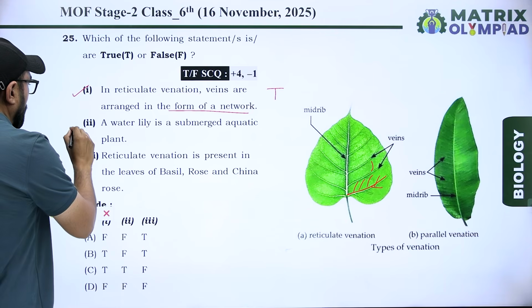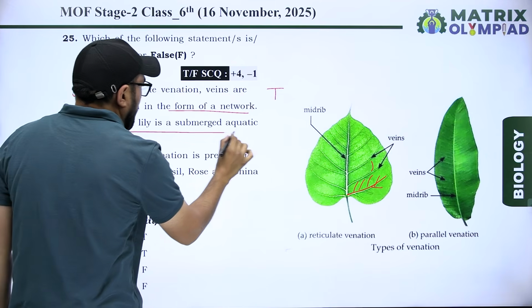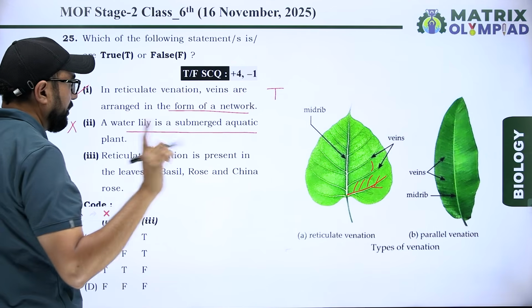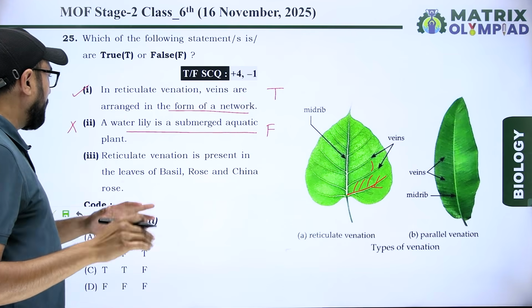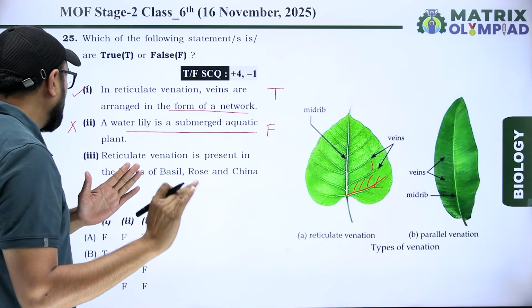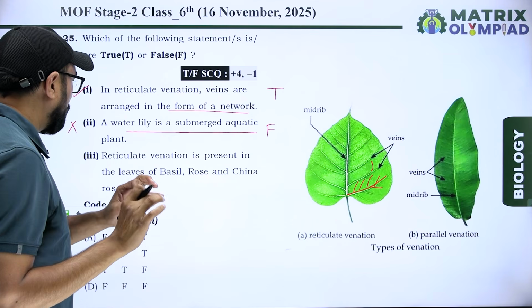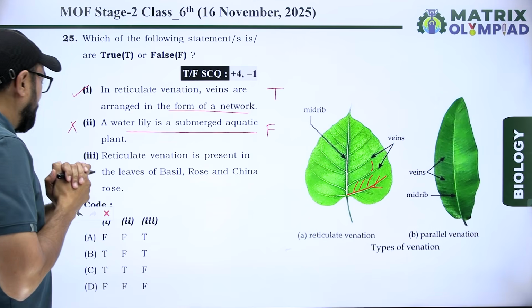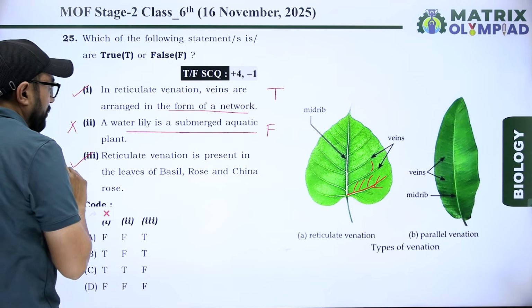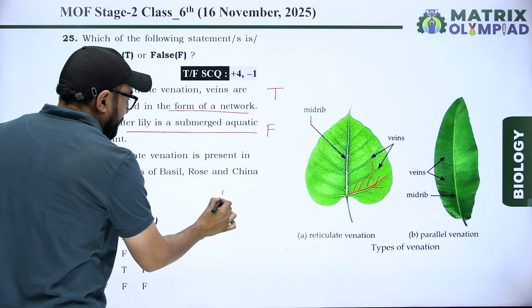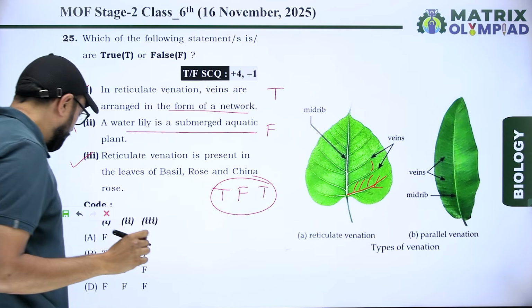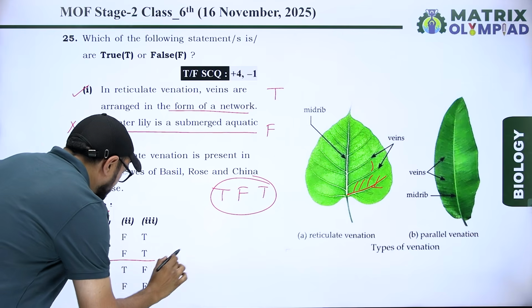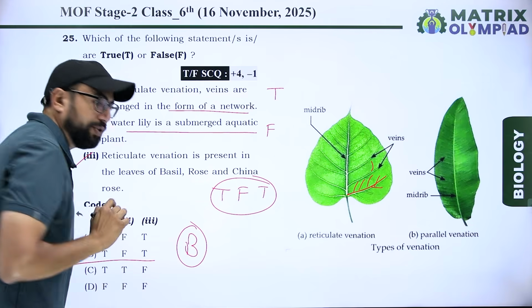No, wrong. It is a floating plant. So this statement is wrong. Next, reticulate venation is present in the leaves of basil, rose and China rose. That is right. So our right answer is true, false, true. Option B is right for this question.